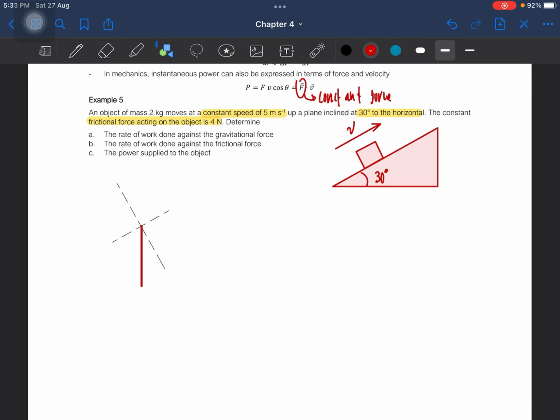So we will have the weight force. And then we have the normal force or the reaction force. And then it has a friction force opposing the motion. That is the friction.